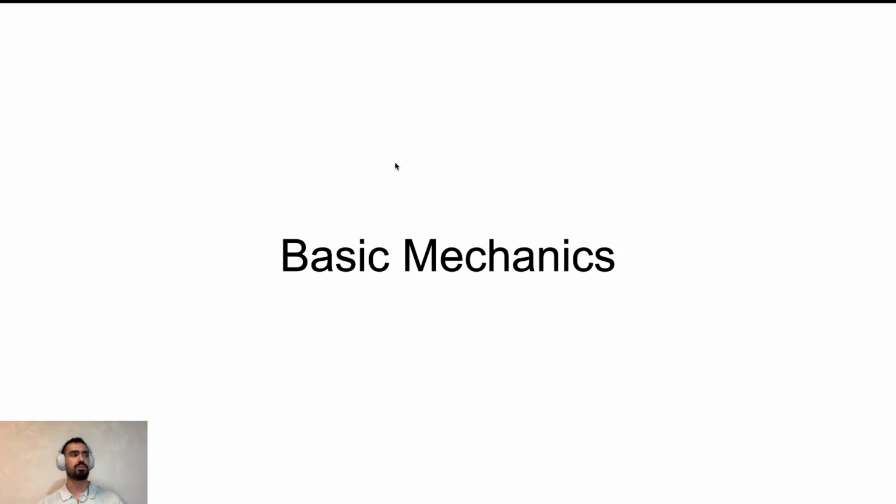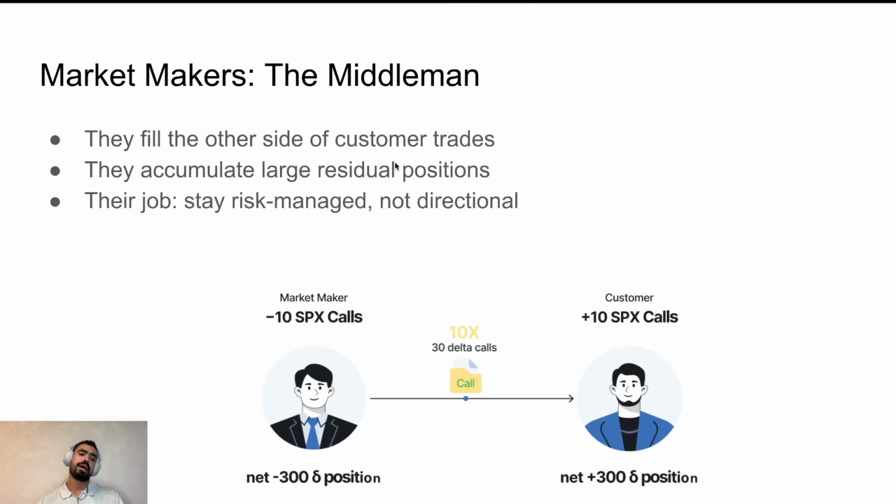But now we're going to dive briefly into the basic mechanics, which is the market makers playing as the middleman in transactions. So I guess the audience here knows when you click buy or sell on your brokerage account, naturally, if you're getting filled so fast, it's not magic.